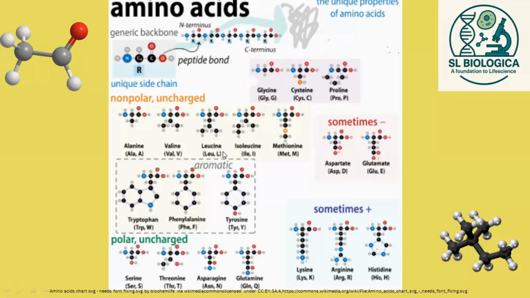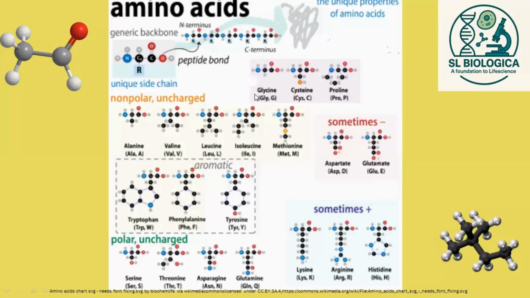So we already discussed that based on R group, amino acids differ. So glycine is the simplest form of amino acid. And then there come cysteine, proline. So all these amino acids have different types of R group. Okay. So non-polar uncharged classes include alanine, valine, leucine, isoleucine, methionine, glycine, cysteine, proline, etc. So these amino acids are represented by a 3-letter code and also by one capital letter.